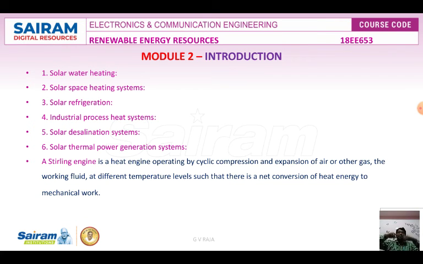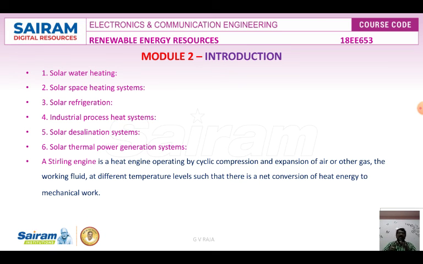If there is any temperature variation in the chamber, the compression and expansion will take place. Based upon that, the piston movement will be there in the chamber, which can be used for the generation of electricity. That means this mechanical movement is converted into electrical energy.